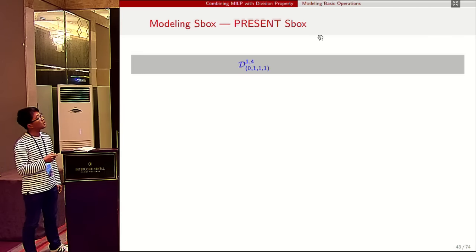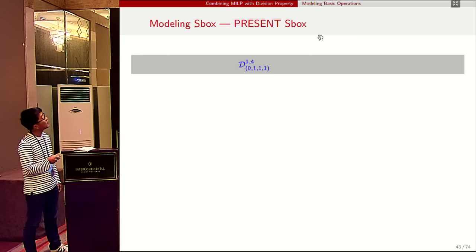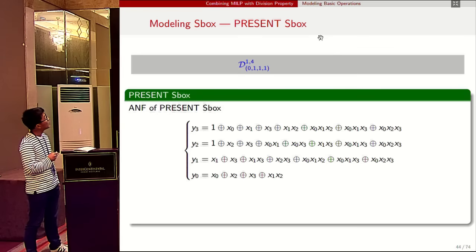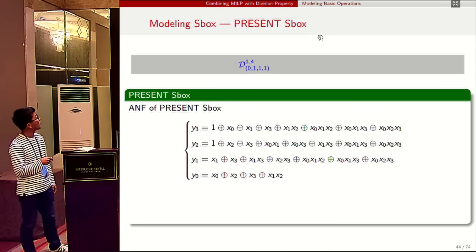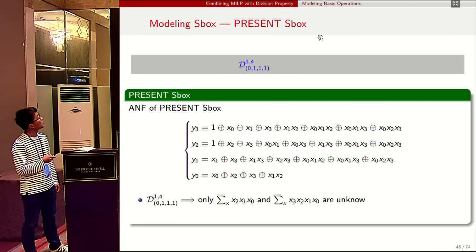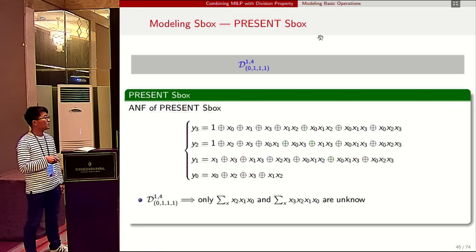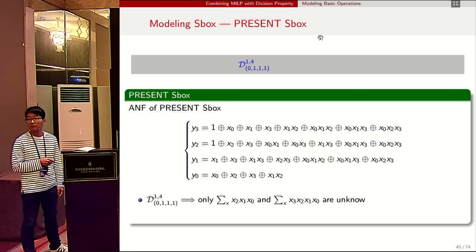Next, we show how to model S-box. We take the PRESENT S-box as an example. Assume this is the input division property of the S-box, and we calculate the algebraic normal form of the PRESENT S-box. From this input division property, we know that only the sum of these 2 monomials is unknown.